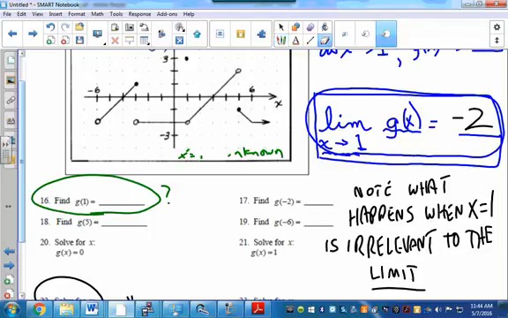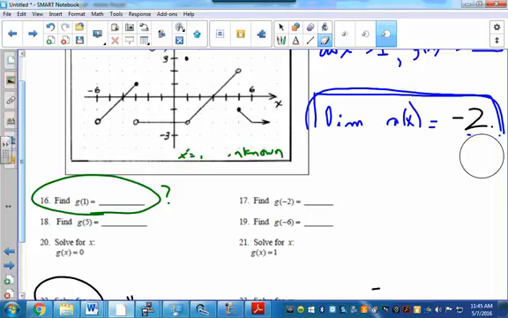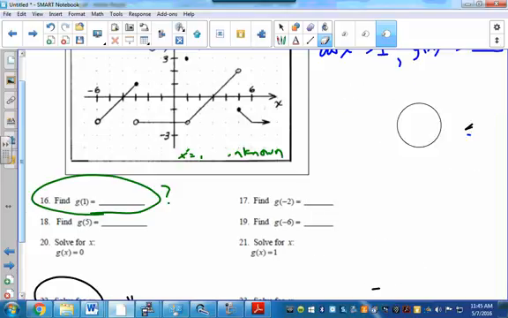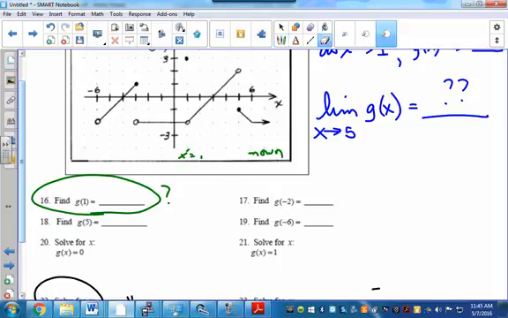Okay, so this blue one we did was what happens when x gets close to 1. And now I'm going to ask, what's the limit when x gets close to 5 of this function g of x? And the question is, what's going on? Well, notice that at 5, this was 5 right here, we had this sort of a jump.